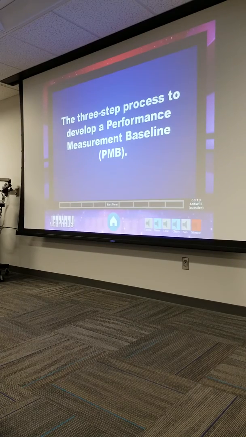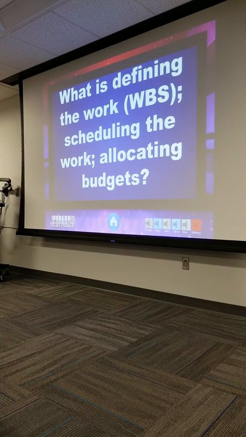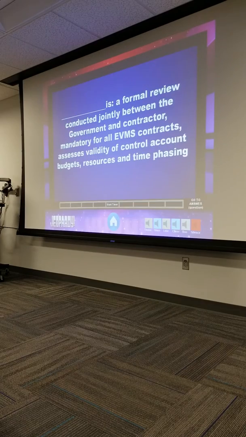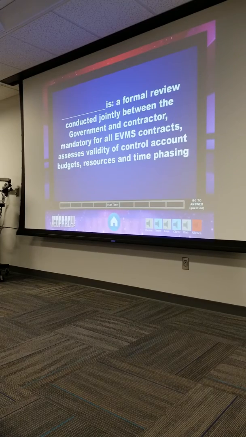All right, what's the three-step process to develop the PMB, the performance measurement baseline? Define the work, schedule the work, and then allocate your budgets. Very good. Blank is a formal review conducted jointly between the government and contractor. It's mandatory for all EVM contracts within 180 days.